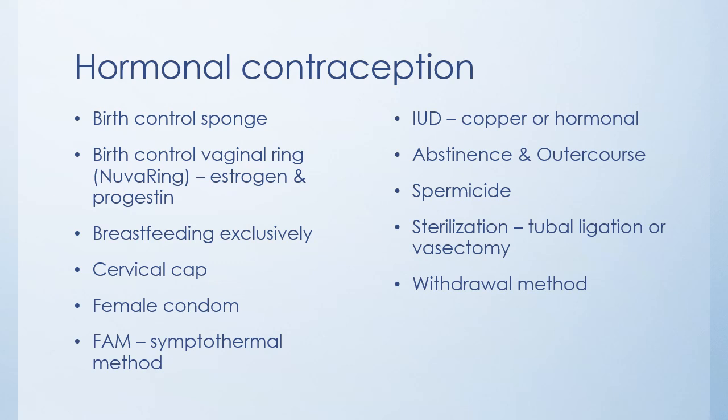And then there's also sterilization, where you do surgery, a vasectomy or tubal ligation. This is usually permanent, but for some people, sometimes they can reverse it, you can undo that. But there will be risk involved, definitely.